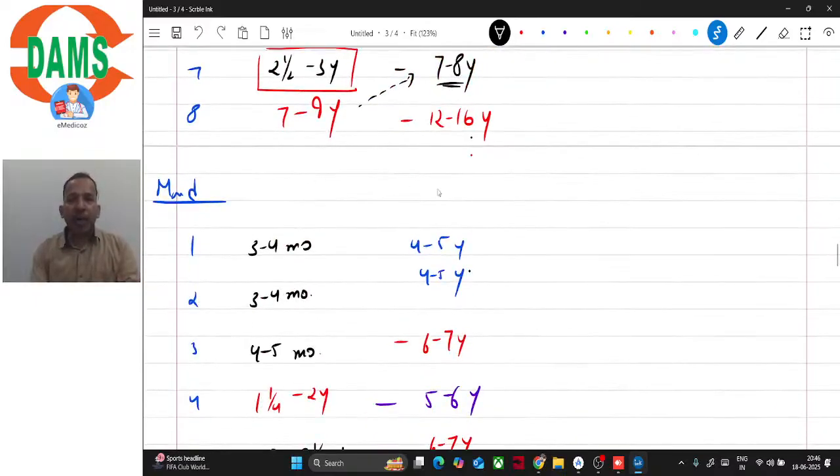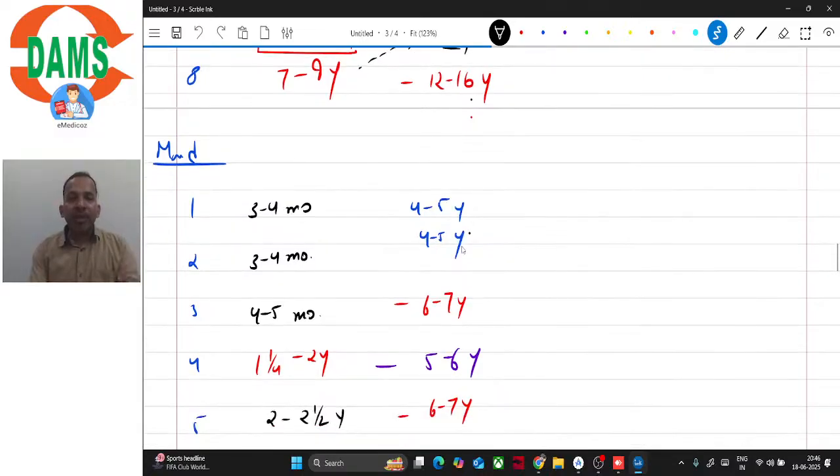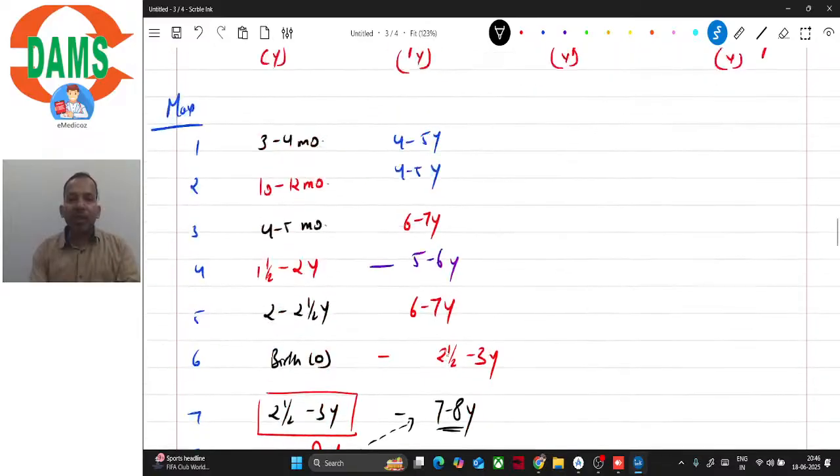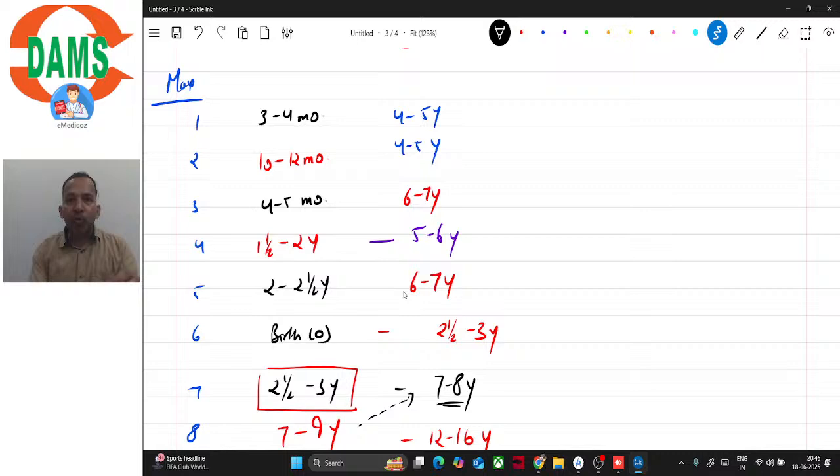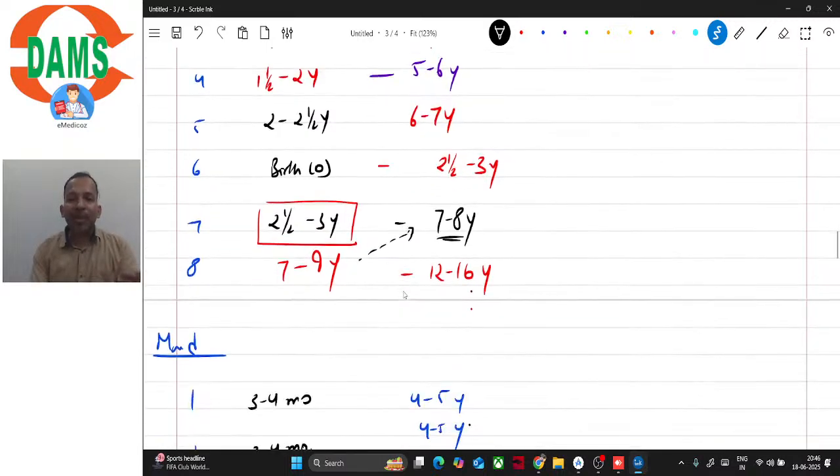Then first premolar at 5 to 6 years of age. Then canine and second premolars at 6 to 7 years of age. And lastly, second molars at 7 to 8 years of age. Then third molars 12 to 16 years. But maxillary third molar is a little bit delayed, isn't it? It completes after mandibular third molar.